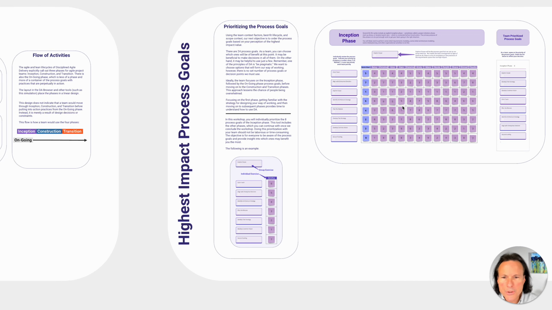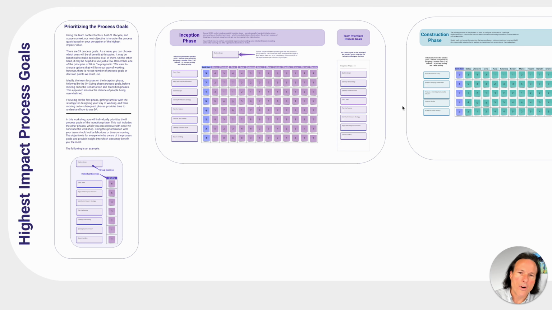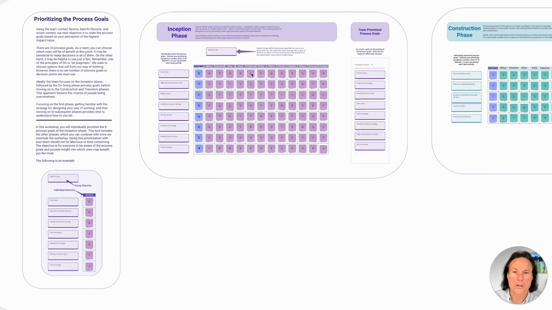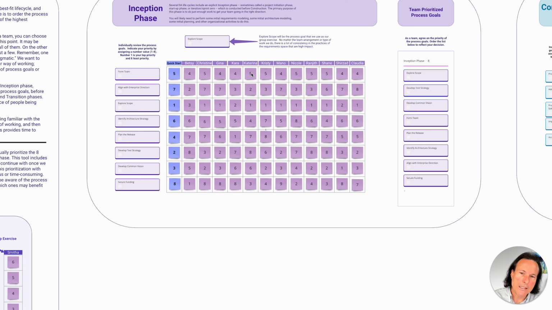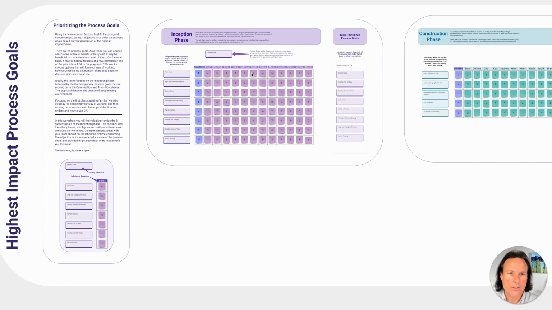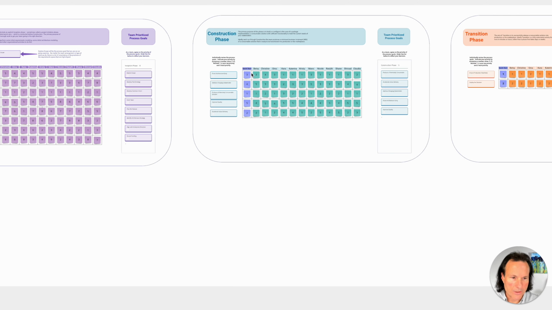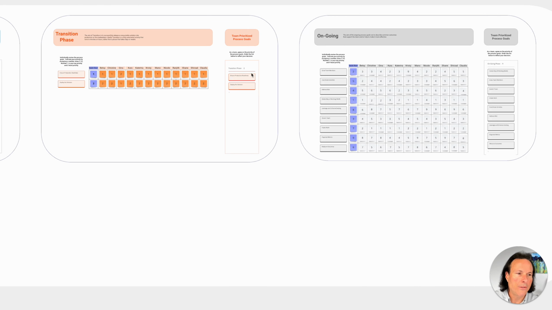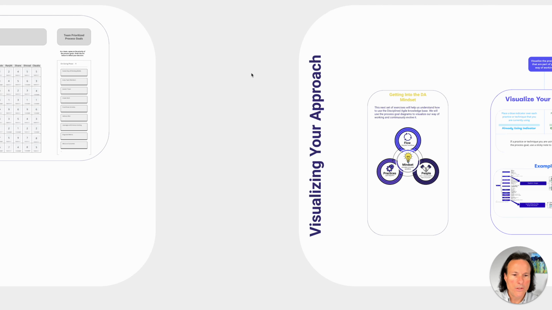We have an optional accelerator that, in a very short period of time, lets us get the team members to look at some of these process goals, these areas of focus, and see where the challenges they want to solve are tied in.